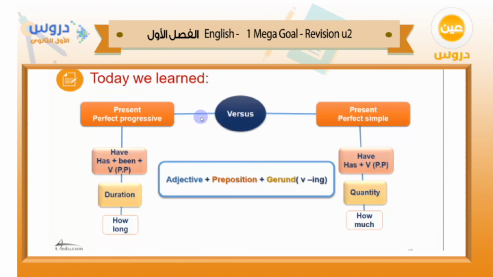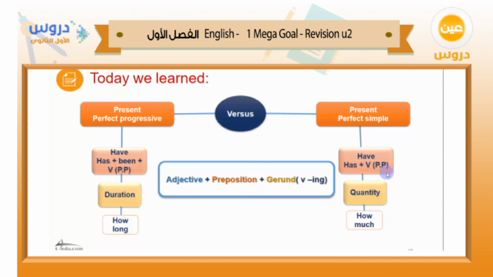Here's a little comparison between present perfect progressive and present perfect simple. In the present perfect progressive, the structure is have or has based on the subject, plus been, plus the verb in the ing form. We are focusing in this tense on the duration, for example, how long. In the present perfect simple, have or has based on the subject plus the verb, and the verb should be in past participle.